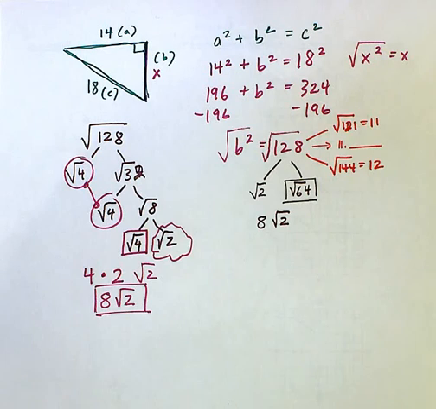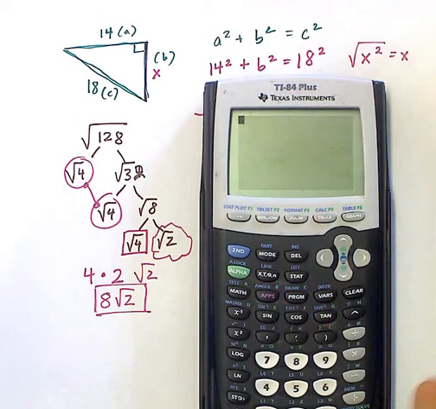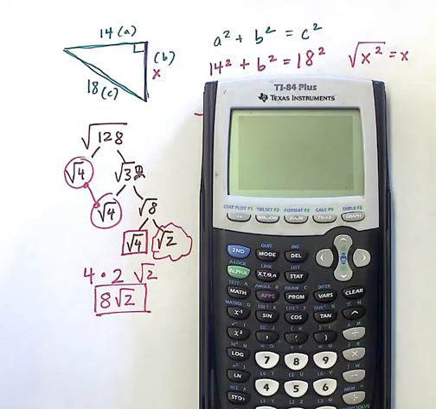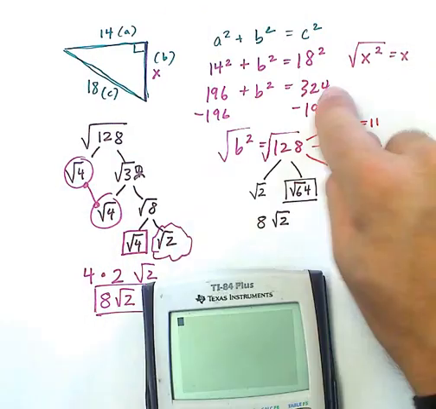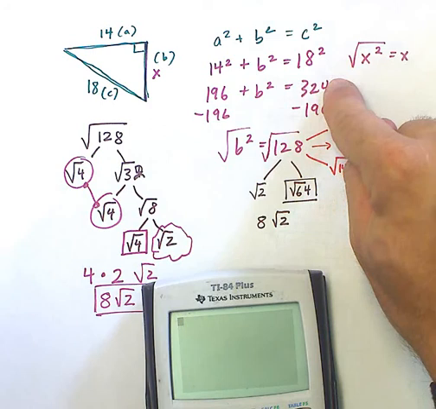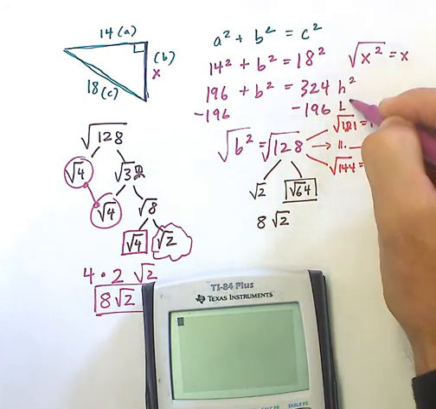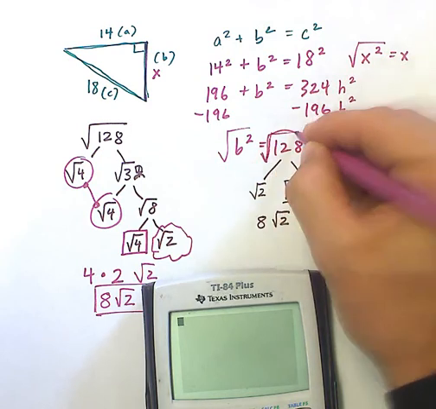Now, a quicker way, I wouldn't say a cheat, is that if I know I'm solving for a leg, I know I'm subtracting the leg squared from the hypotenuse squared. So here's the hypotenuse squared, here's the leg squared, and I subtract the leg squared from the hypotenuse squared, and then take the square root of that result.